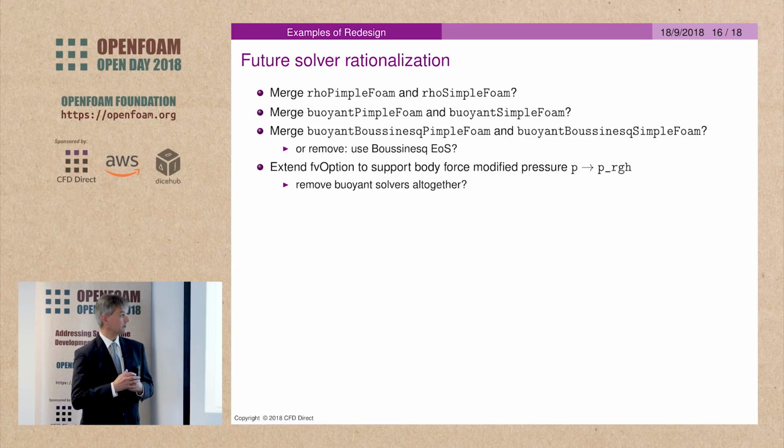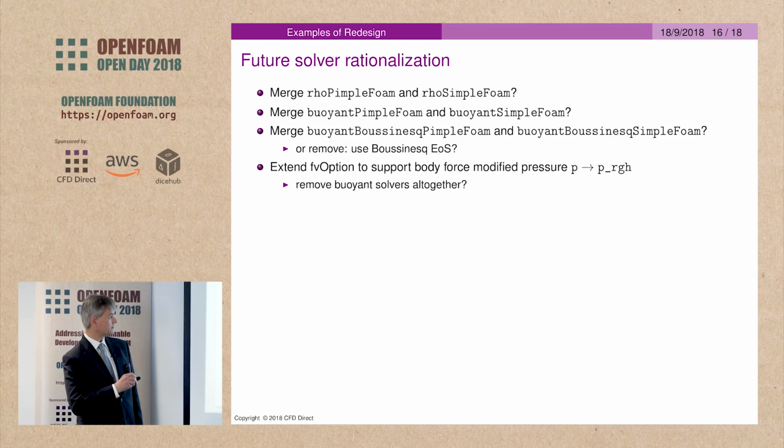But an idea that Will and I have been discussing recently, which I think is quite exciting, is take this idea of p_rgh, the buoyant version of the pressure used in the buoyant solvers. Would it be possible to generalize that to any pressure that is modified by some kind of body force and handle it within some kind of extended fvOption?